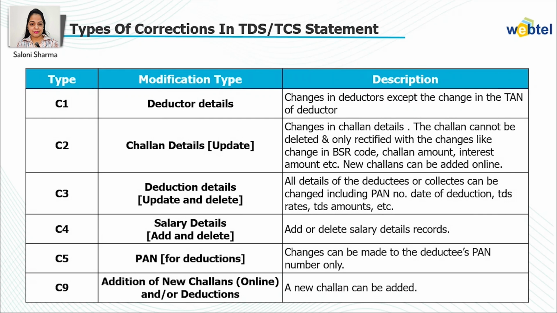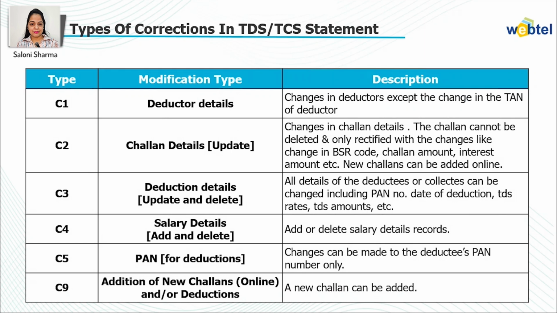Whereas if any changes are made to the deduction details, like the details of the deductee or collectee, then the C3 type of correction will be reflected. In case any salary details have been added or deleted, then the C4 type of correction will be reflected.